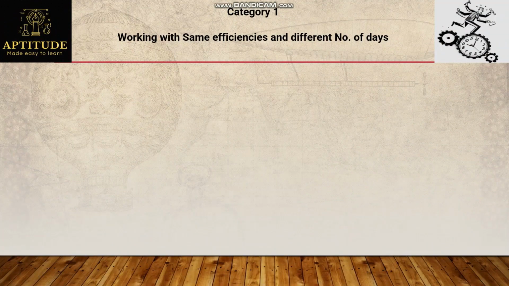Coming to category 1, working with same efficiencies and different number of days. I'll take small examples for the three different categories so that you can understand very well. For example, I'll consider here there are two persons. Consider there is a person A and person B. Working with same efficiencies, I will assume now they are working with the same efficiency, which means, for example, A can eat 3 chocolates per day, as well as B can also eat the same 3 chocolates per day.